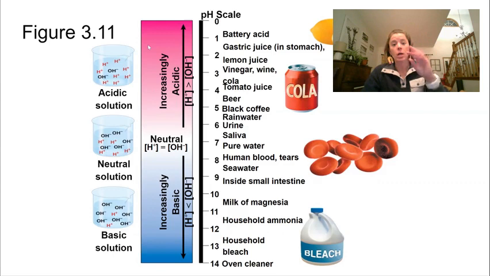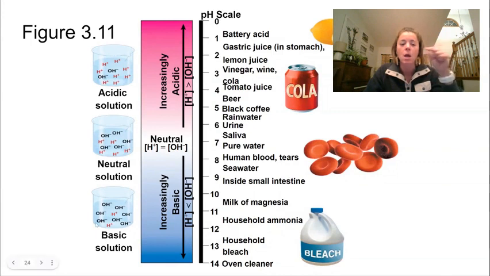And if you've ever touched lemon juice, you don't even have to touch it. It has an odor to it. It has a very distinct smell to it. And that has to do with the sheer number of hydrogen ions that are present in that water. So that's really the big thing I need you to keep in mind: a lot of hydrogen ions means acidic. Very few hydrogen ions, that's what basic or alkaline is.